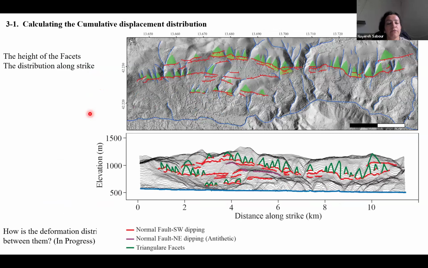And as I said, as a third observation, we need to calculate the cumulative displacement of the fault. So we focus on the facets.